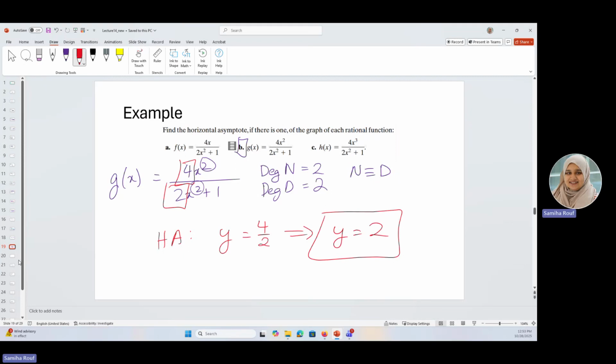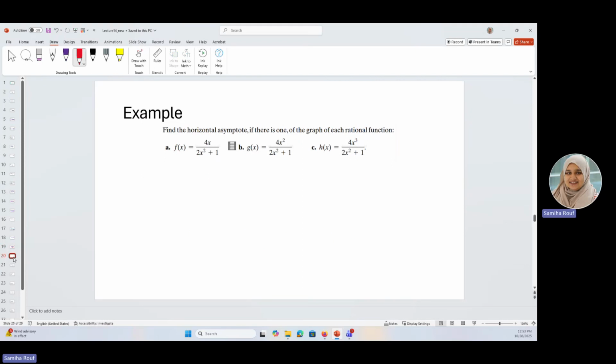Okay, and then let's look at this last example. We want to get the following. Okay, so this tells us that degree of numerator is 3 based on this.